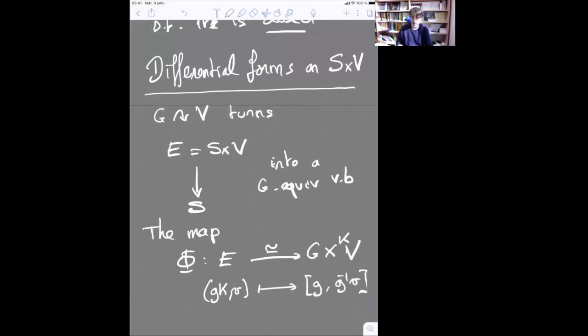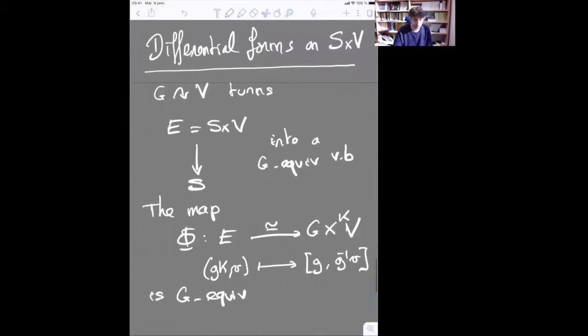And if I'm not mistaken, if you change g by some k on the right, then you will have the same class on G cross V mod K. So this is a way to trivialize this bundle, and this map is G equivariant. So it's a G equivariant trivialization of the bundle we just considered. And in fact, we will work with this trivialization.